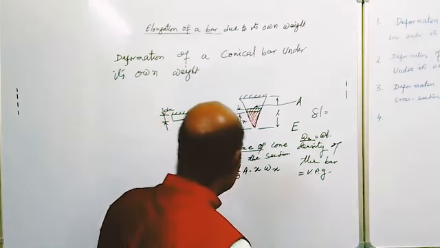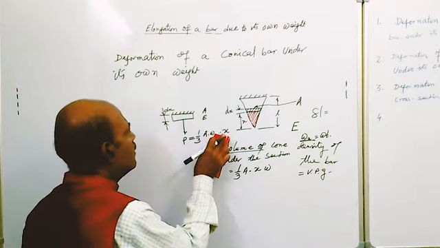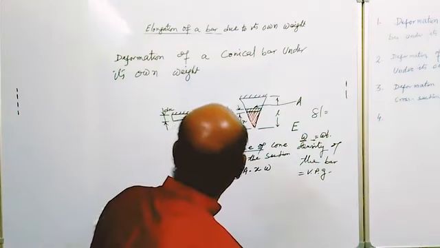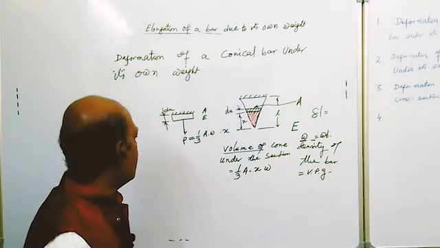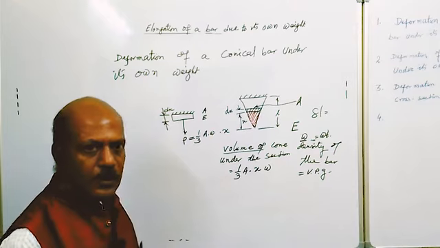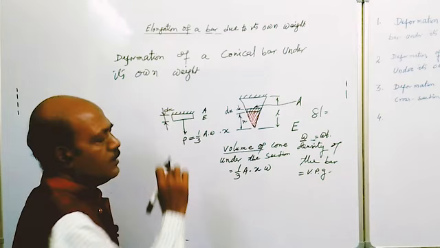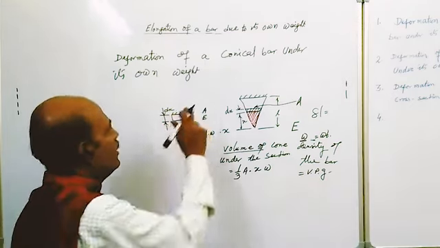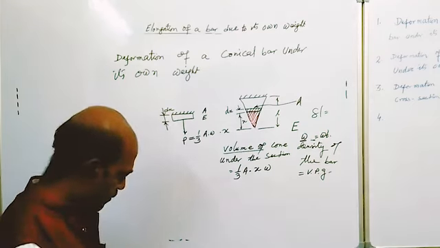Or directly just write, don't make a confusion, W is the specific weight of the bar. So we can write P is equal to 1/3 A into W into x, that is the weight acting on that particular section which is at a distance x from the bottom, whose length is given as dx, and cross sectional area is A, and Young modulus of elasticity is E.